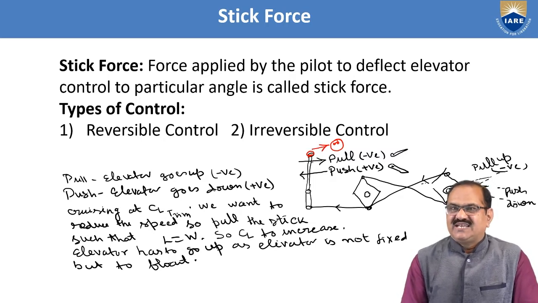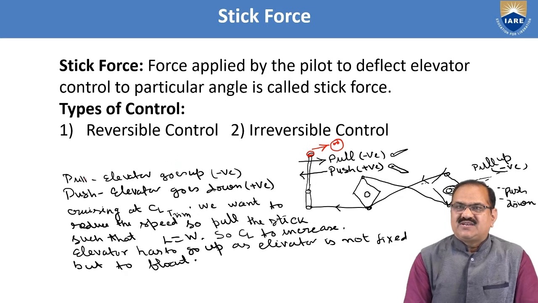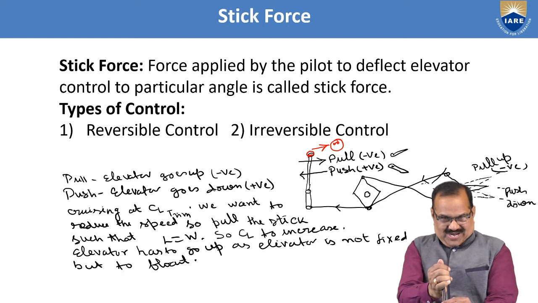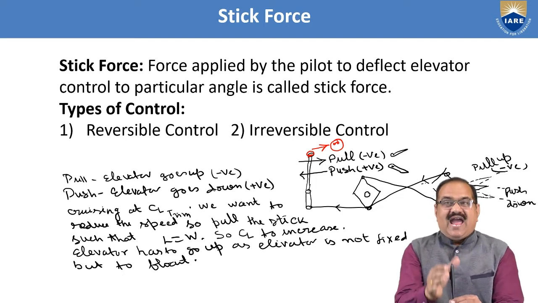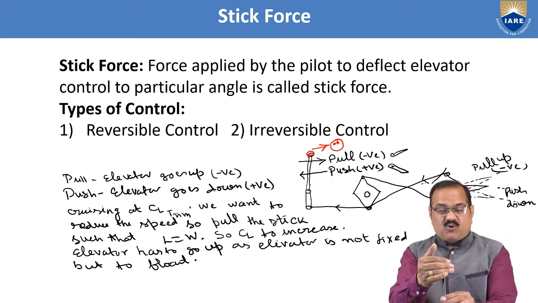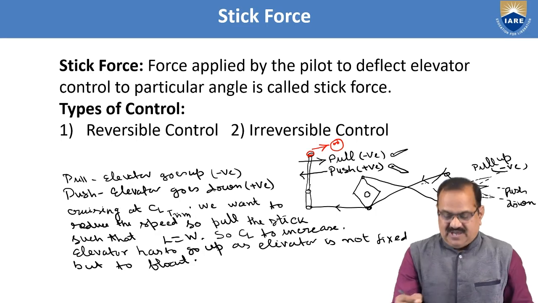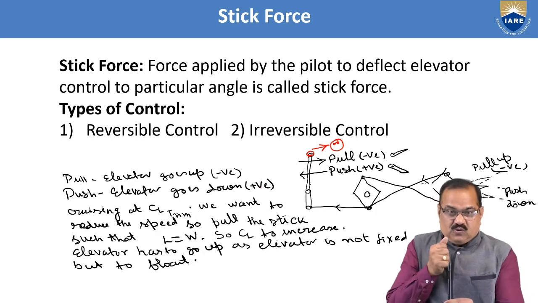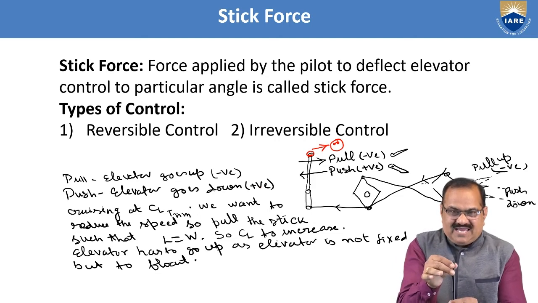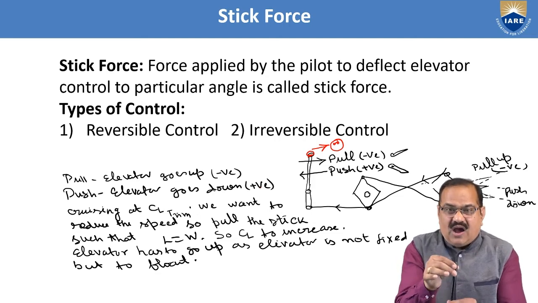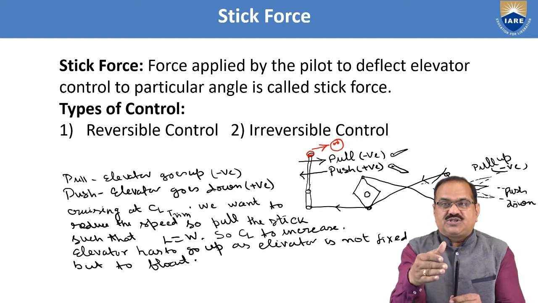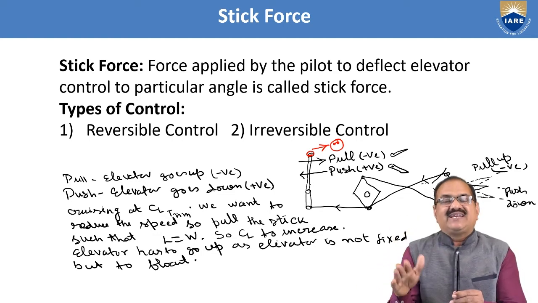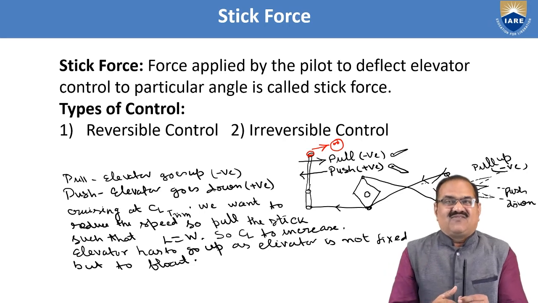Pull means if I am pulling towards myself like this, it is a pull. And in this pull, the elevator goes up. You can see that in this diagram. And for the push, whenever I am moving this control away from me, it is a push. And if it is a push, the elevator goes down and it is called the positive elevator deflection.